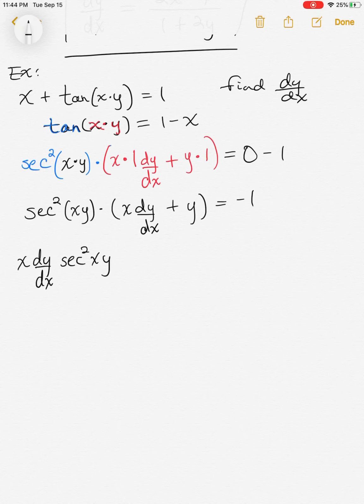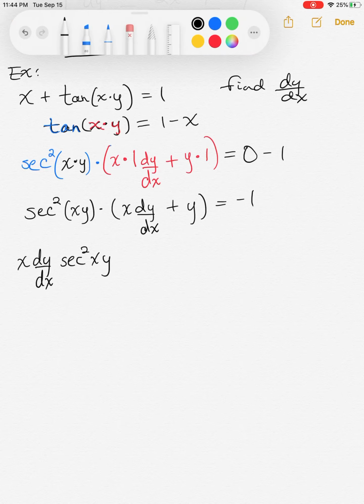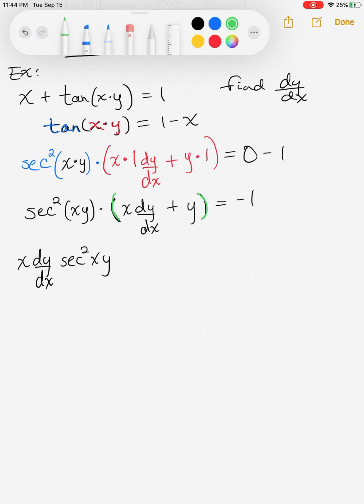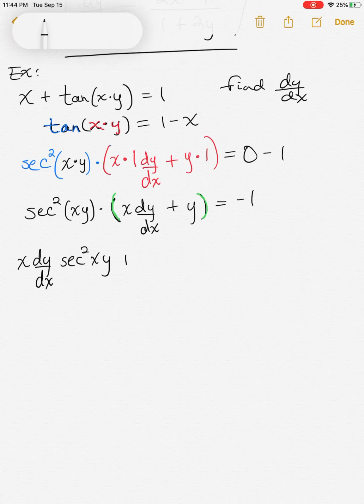Because we're distributing secant squared(xy) throughout this green parenthesis, secant squared has to be distributed through that, plus y secant squared(xy) equals negative 1.